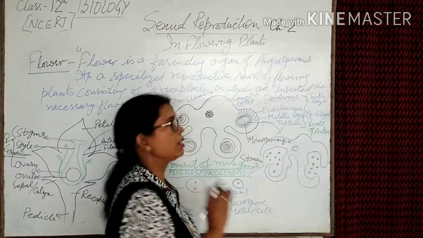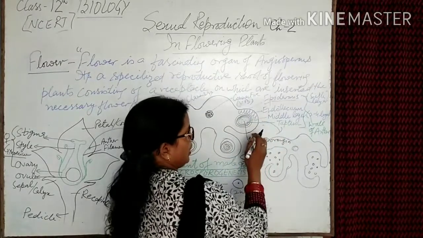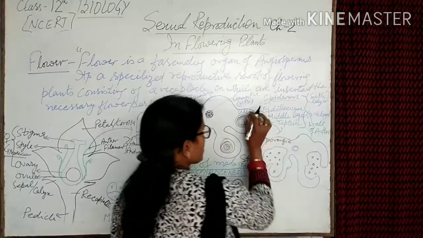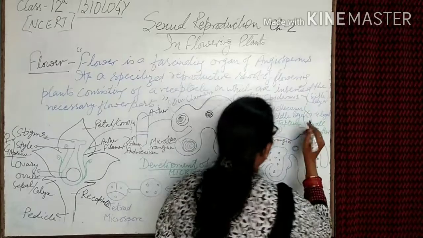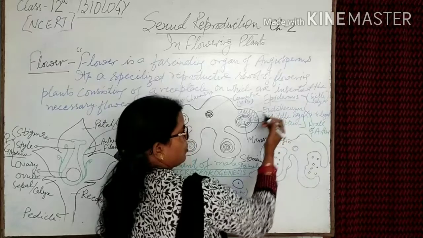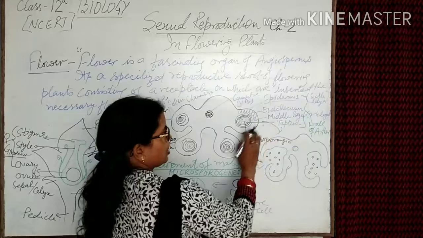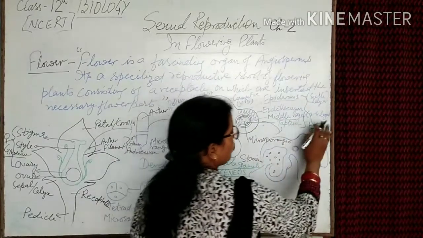Inside the epidermal layer is the endothecium, a thick single layer compared to the epidermis. Inside the endothecium is the middle layer, which is 3 to 4 layers thick.